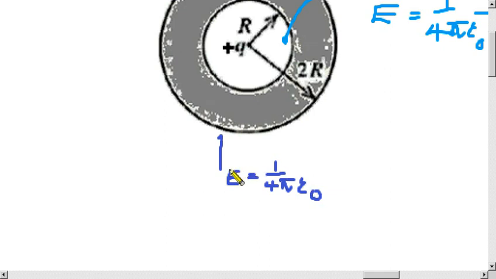Still we are taking the intensity due to this charge, so the charge is Q. Now the distance is 2R, and we have to get the square value, therefore 2 times 2 is 4, R squared. So we cover the E naught value.